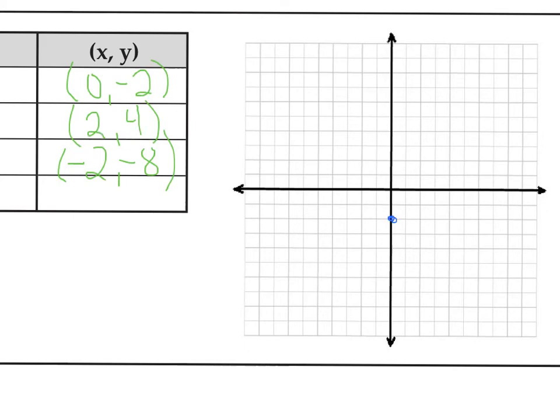2, 4. So over 2 to the right, and then up 4 will be up here. Right there. And then -2, -8. So to the left, -2, and then down to -8 will be right here. And it does line up with the others. They're kind of far apart, but it does line up. That's right there.